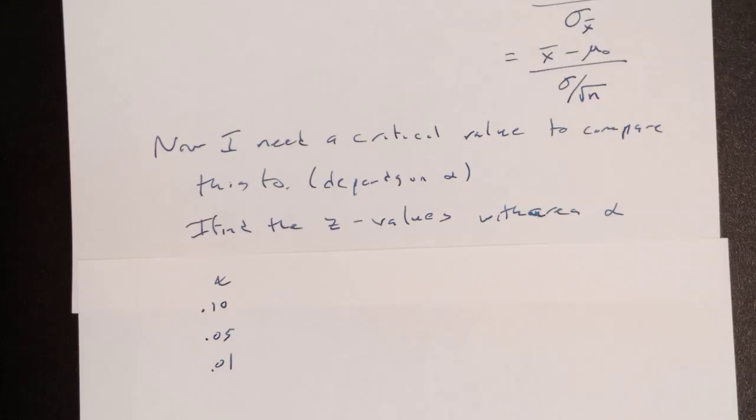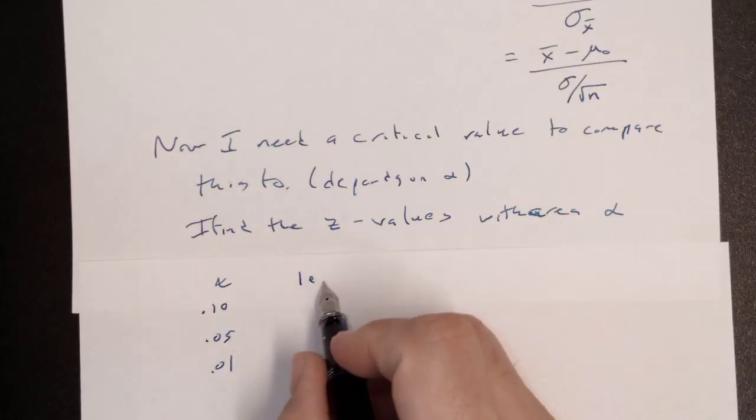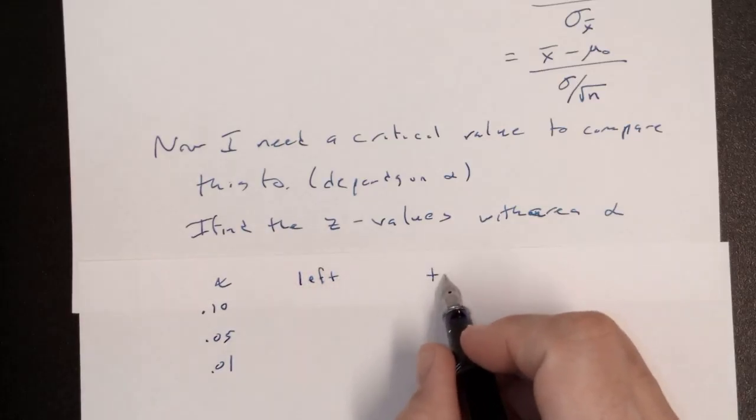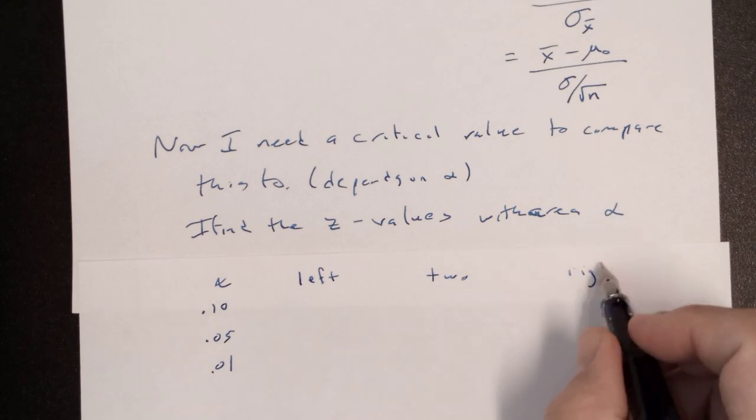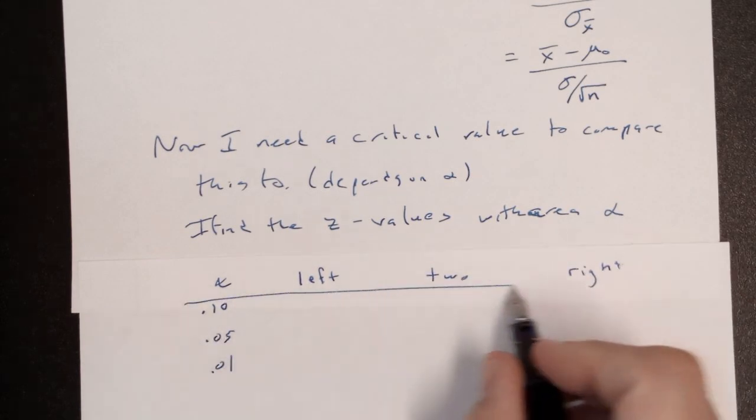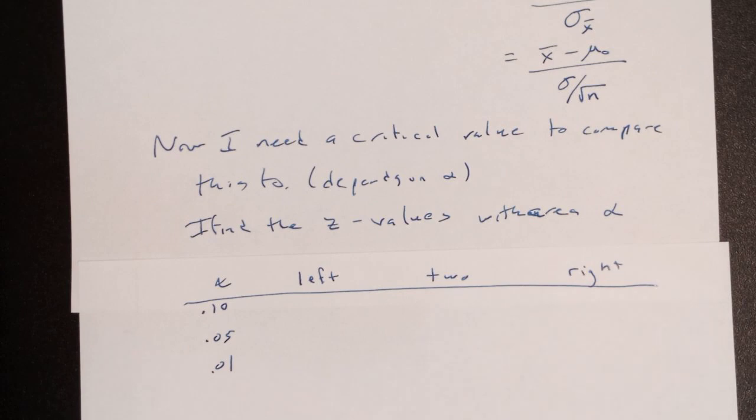And then our critical value depends on whether we're doing a left tail, a two tail, or a right tail. So grab your tables, C table, or grab your calculator, because we can do this from there too. We're going to use the normal distribution. We can use table C2 or table C1. It's your choice.